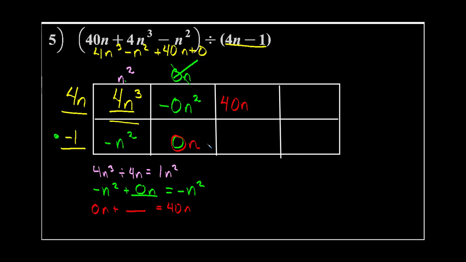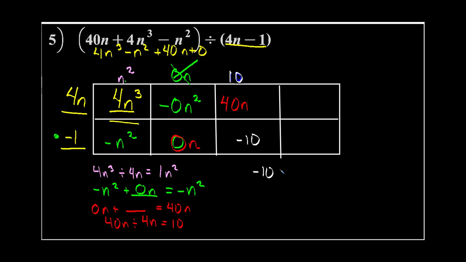And so I'm going to do the same thing we've been doing. We're going to first divide. So 40n divided by 4n gives me 10. And so 10 is what I'm going to write above. Ten times negative 1 is negative 10.